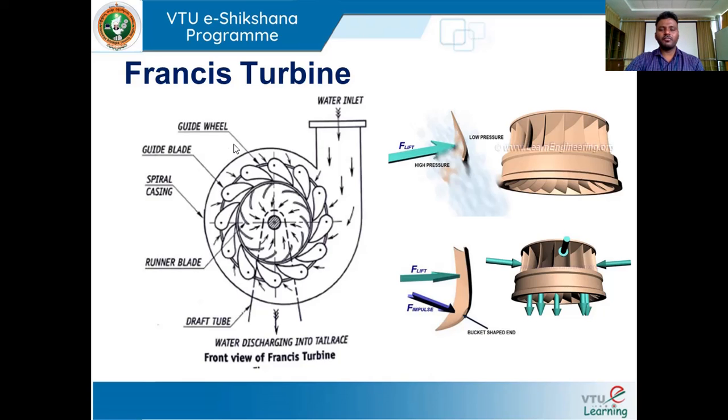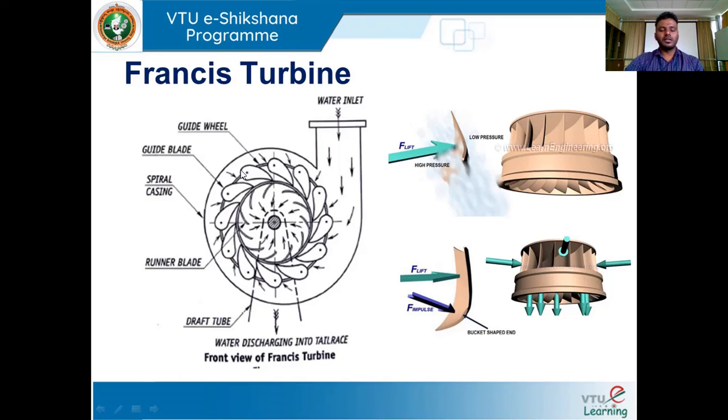That means a part of the pressure energy of the water gets converted into kinetic energy as it moves through the spiral casing. Then it flows through the stay vanes fixed onto a wheel, where the stay vanes reduce the swirling action of the water, and the guide blades control the flow rate of water entering the runner wheel.